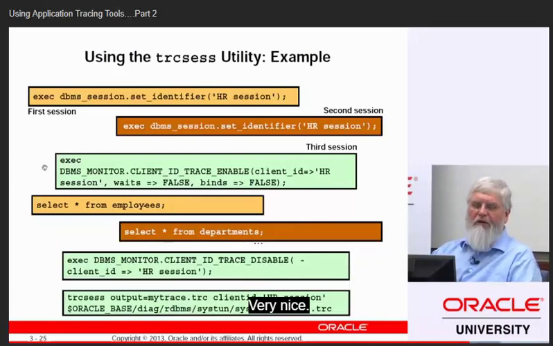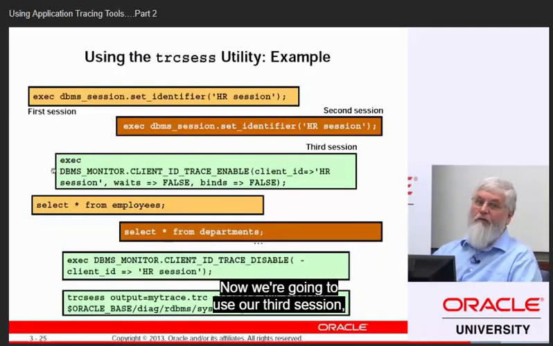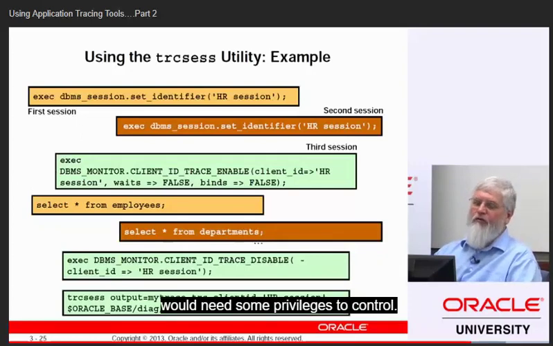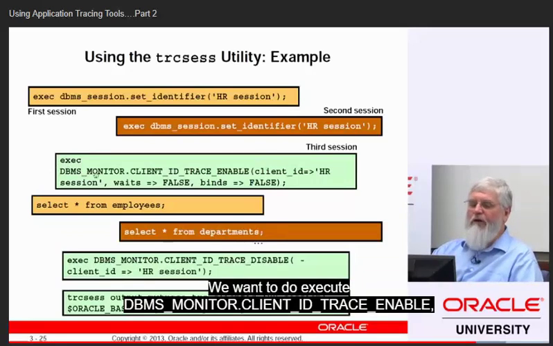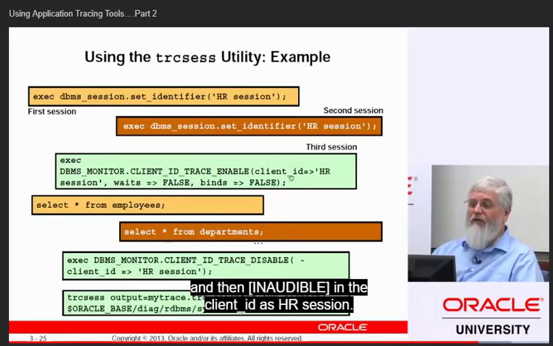Very nice. Now we're going to use our third session, which needs some privileges to control it. So quite often this may be the DBA, maybe us if it's our database. And we want to execute DBMS monitor client ID trace enable, and then pass in the client ID as HR session. Of course, it wrapped in an awkward place.